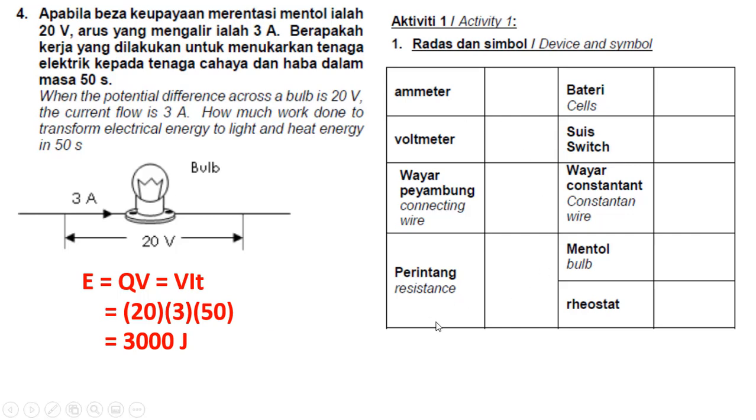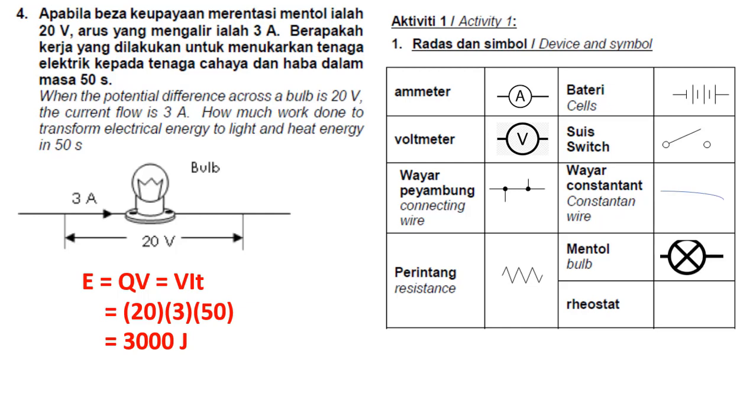Here is the list of the circuit devices that we have to know. The first one, ammeter, the symbol is like that. Voltmeter, connecting wire, resistor, cells or battery, switch, constant wire, bulb, and rheostat. Those are the symbols for the electrical devices in the circuit.